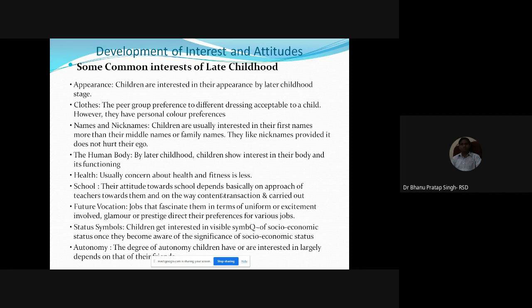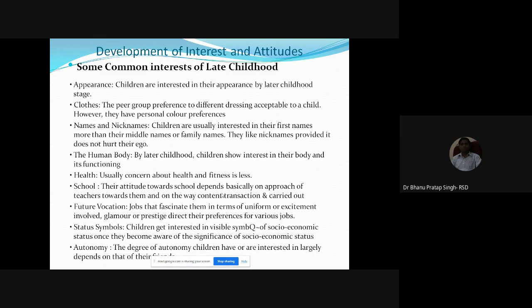He has a kind of excitement that he or she should get a prestigious job, and he makes some preferences of various jobs. You must have heard as a teacher, as a parent, that a small child says, I will become a doctor, I will become a pilot, although he doesn't know the qualification or the eligibility to be a pilot, but he makes some preferences.